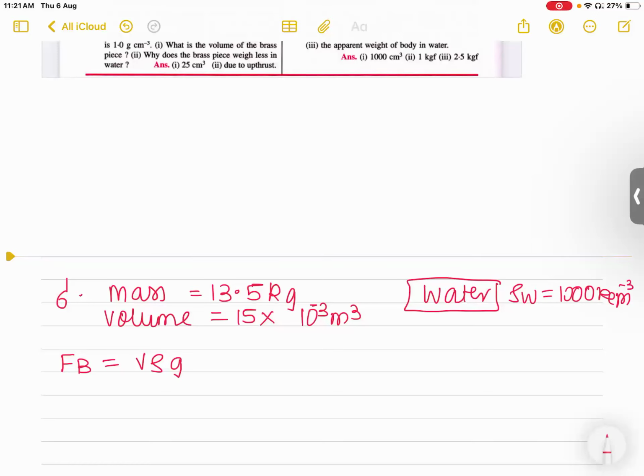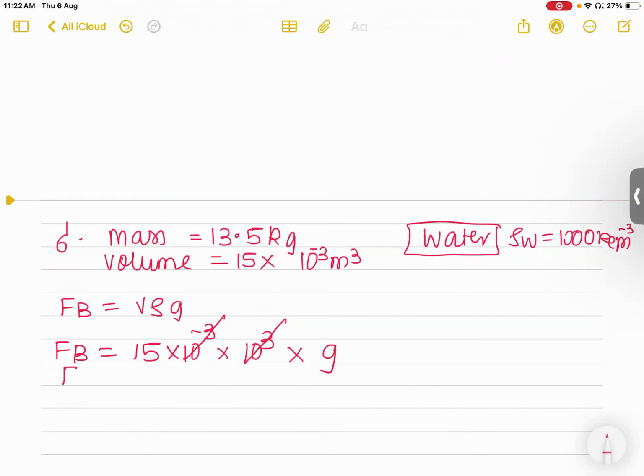This we already know, right? So when I substitute, I get the volume of the solid, 15 into 10 raised to minus 3, multiplied by 10 raised to 3, the density of water, into G. 10 raised to 3 and minus 3 will cancel. You will get your FB as 15 kgf.